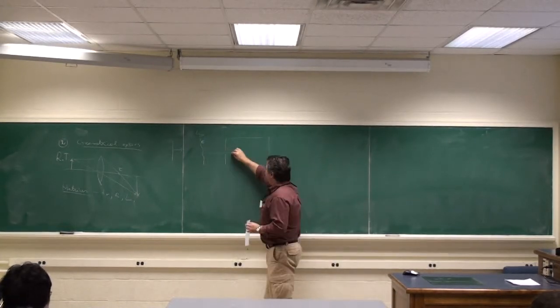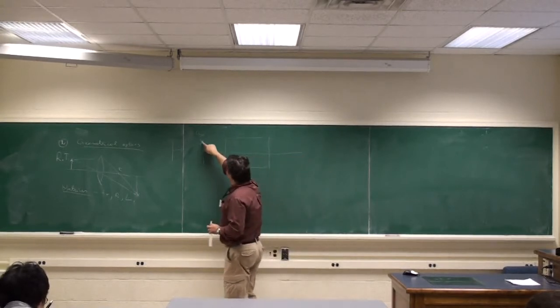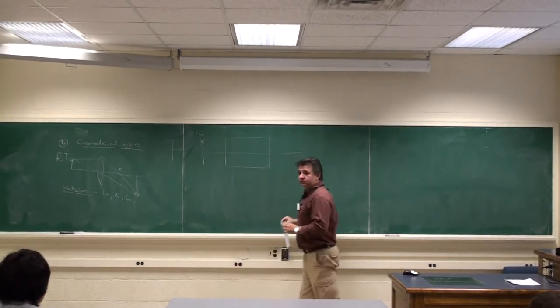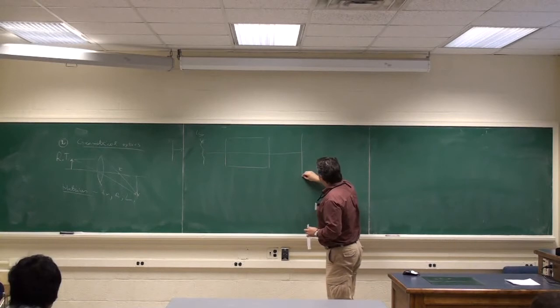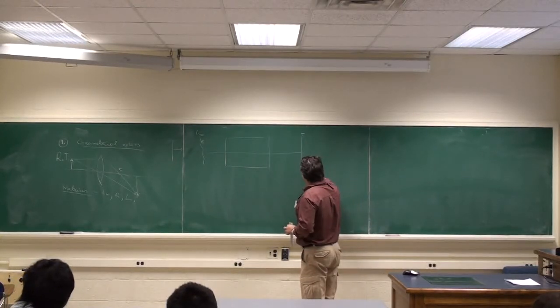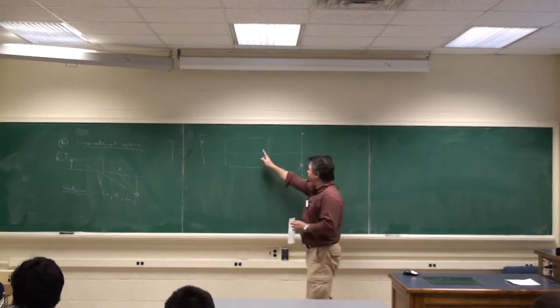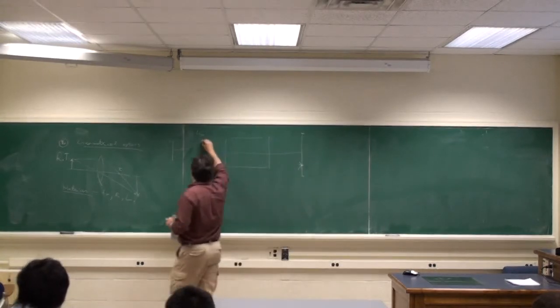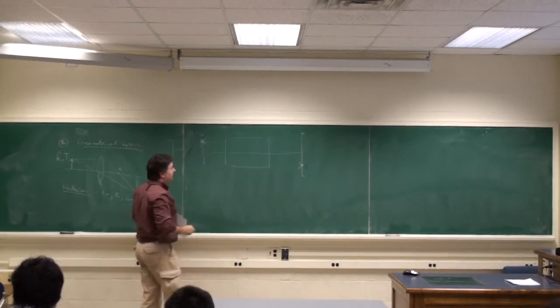Imaging is mapping the sample point by point onto the image plane. So that point will be imaged here. You see, the imaging system is doing the time reverse of that emission.